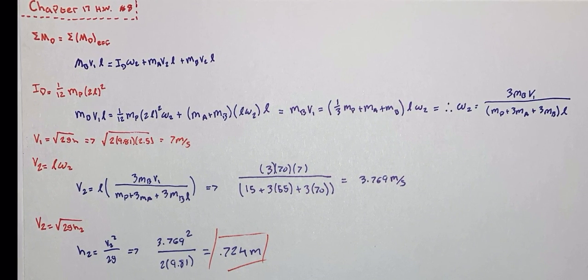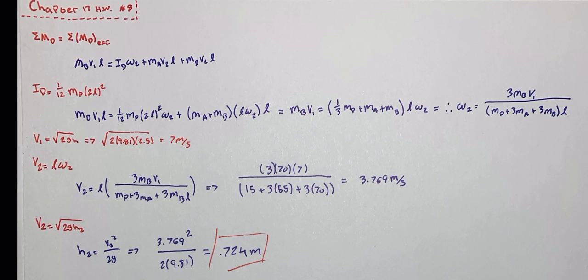So if we take the moment about the pivot point, we can get mB V1 times L is equal to I_D omega 2 plus mA V2 L plus mB V2 L. We know that I_D is 1/12 M times 2L squared.